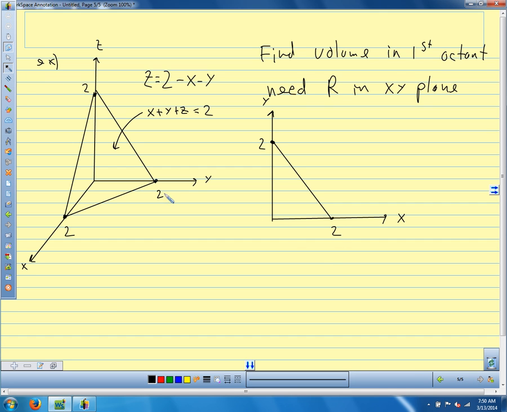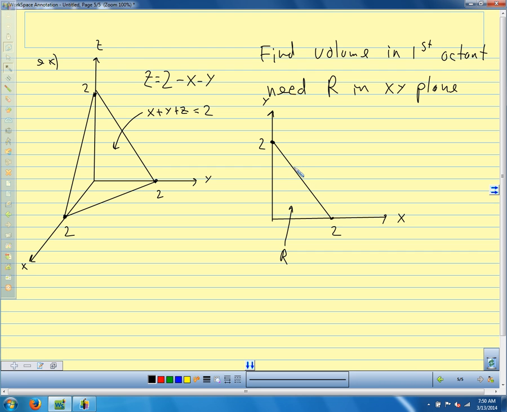So there's our region in the xy plane. So we need the bounds of our region. Well, we know that y goes from 0 to whatever, and x goes from 0 to whatever. What are we going to do with this boundary? Find the equation of a line. So what's the equation of this line? Negative x plus 2.